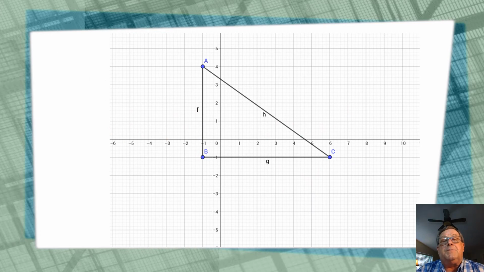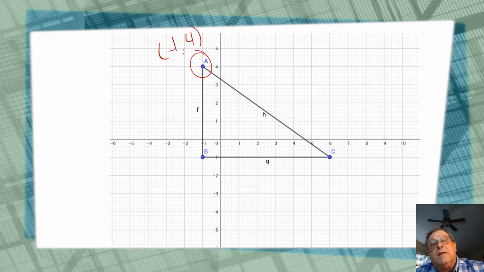So now here on this piece of graph paper, which I did in GeoGebra, I plotted the vertices. Here is the A vertex, which is -1, 4: 1, 2, 3, 4.